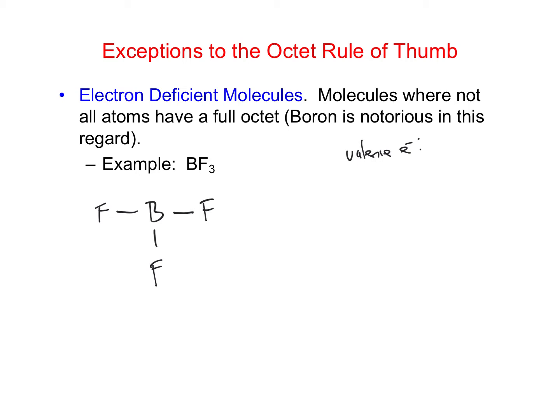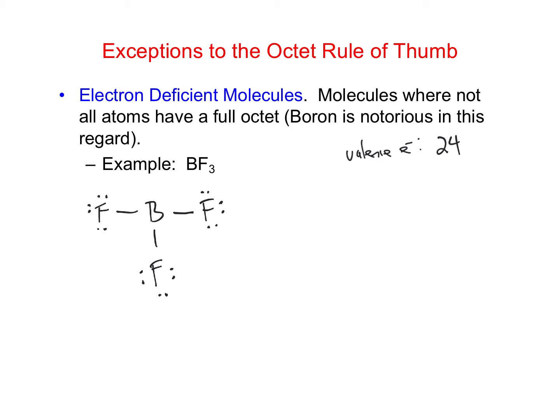So 3 times 7 is 21, plus a 3 from boron, I have 24 valence electrons. I've given out 2, 4, 6 in the single bonds, and so now we'll go 8, 10, 12, 14, 16, 18, 20, 22, 24. Alright, so I've given out all my valence electrons.